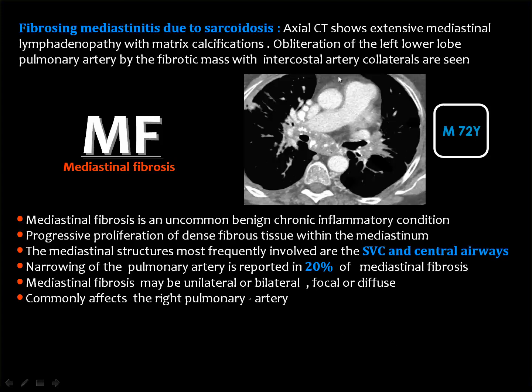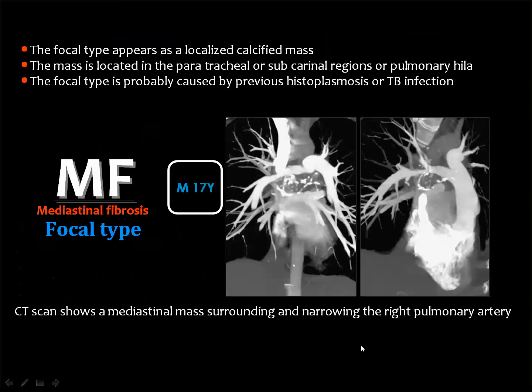Most of these fibrotic masses may show parenchymal areas of calcification. And the most frequently affected mediastinal structures are the superior vena cava and the central airways, while the pulmonary artery may be affected in about 20% of the cases.